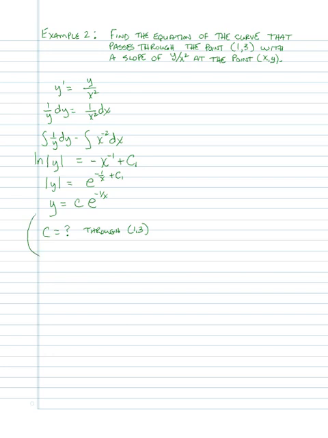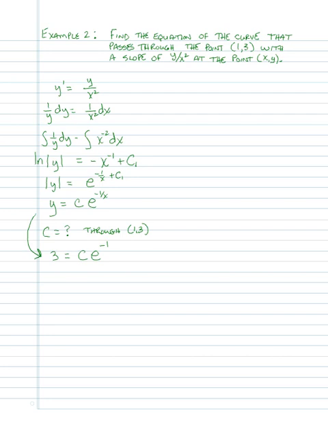So from above, if our y value is 3 when x is 1, we have the left side being 3, and that's equal to the constant c times e to the power negative 1, negative 1 over our x value that is 1. Okay, well now, pardon me.